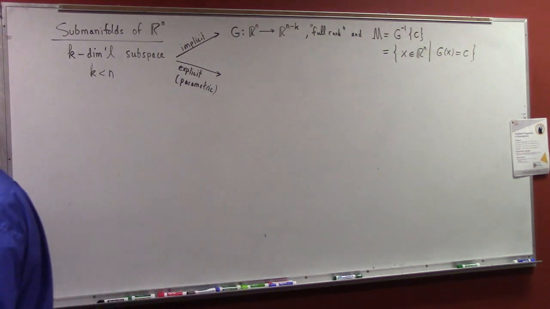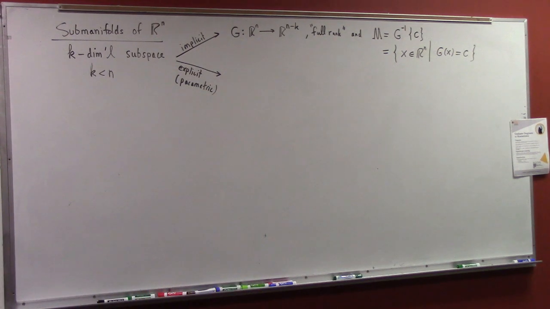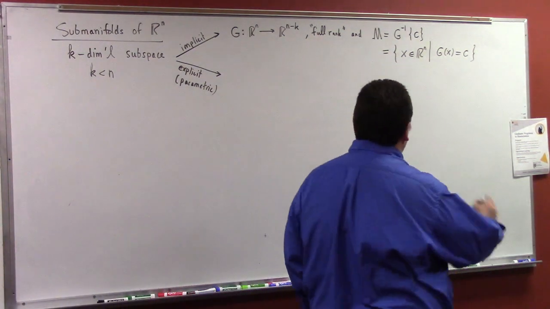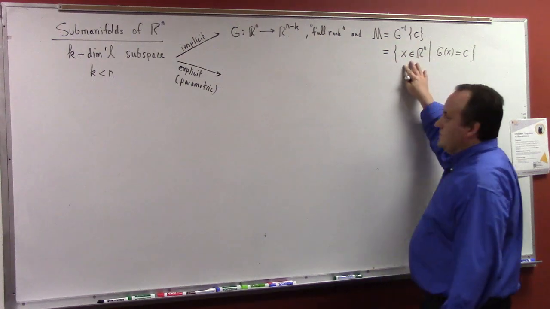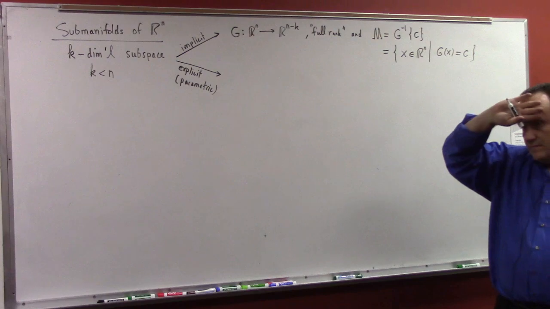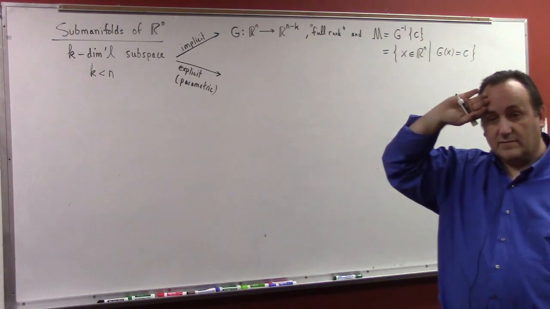In other words, your surface, your k-dimensional manifold, is the solution set to a system of n minus k equations.